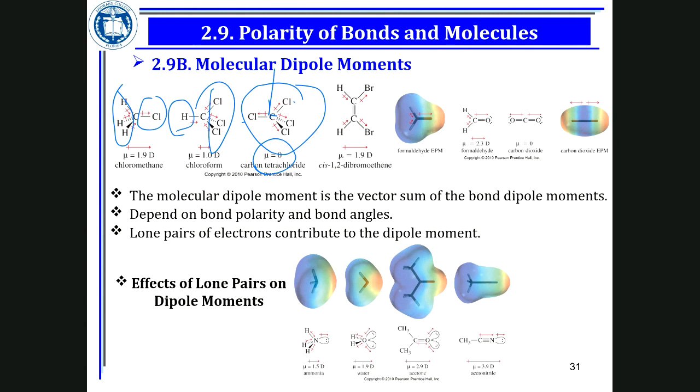Hydrogen is different from three chlorines, in the second molecule. And the third molecule has all chlorine, so it's essentially non-polar. The lone pairs make the molecule polar. So if you have lone pairs on the central atom, then your molecule is going to be polar.